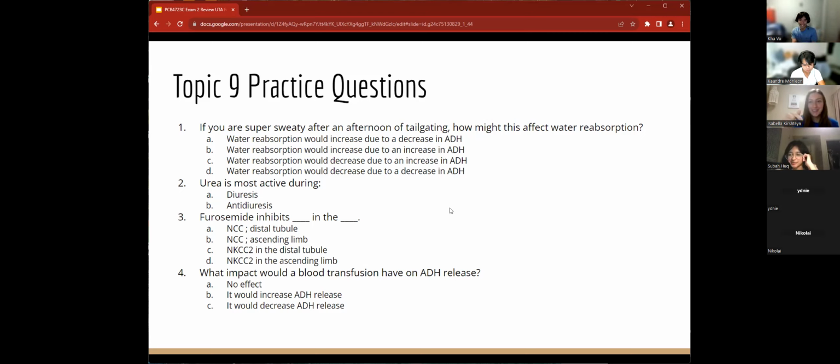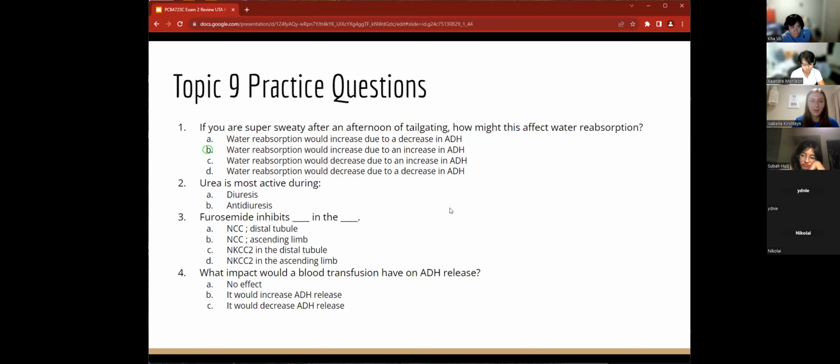Whoever's controlling the slideshow, do you want to press? It is B. If you are super sweaty, for number one, it's B. When you sweat, you mostly excrete water more so than solutes. That would cause your ECF osmolarity to increase because you're excreting a lot of water and not a lot of solutes.